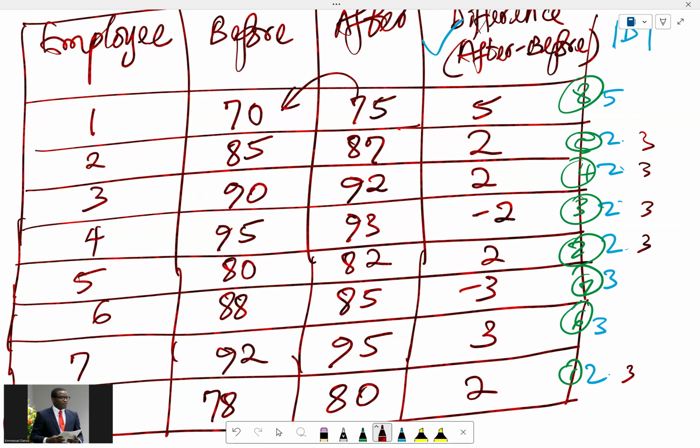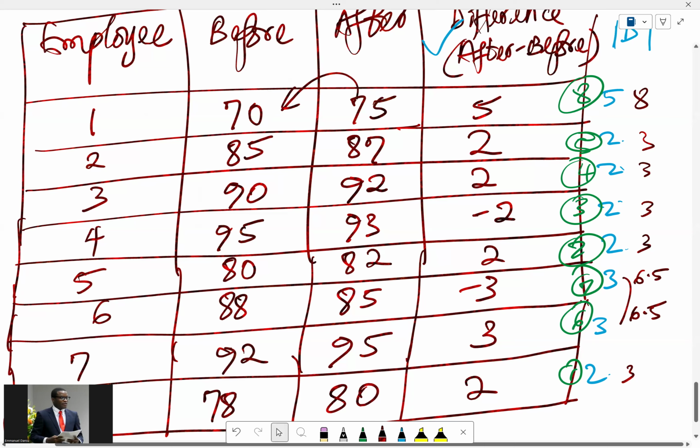So the rank is 3 for each of them. Then if you come to 6 and 7, so they should be occupying position 6 and 7. That's 6 plus 7, 13. 13 divided by 2. That will be 6.5 each. So then you see now that 3 is 6.5, the other 3 is 6.5, whereas 5 is 8. So that's how that is.